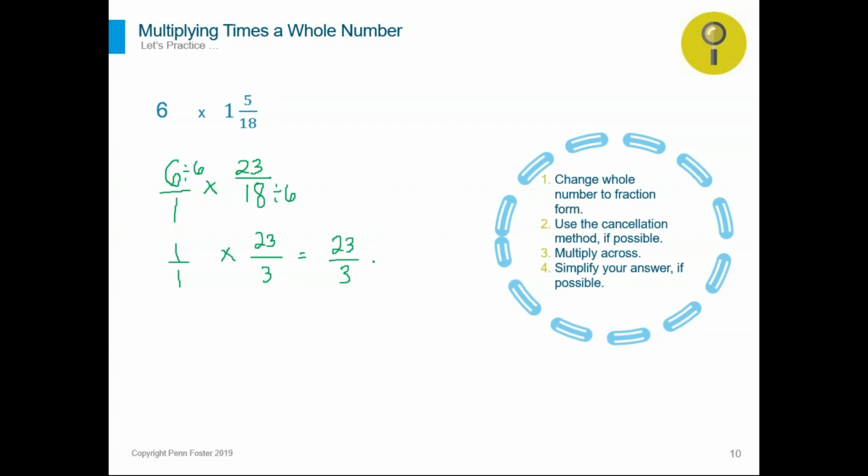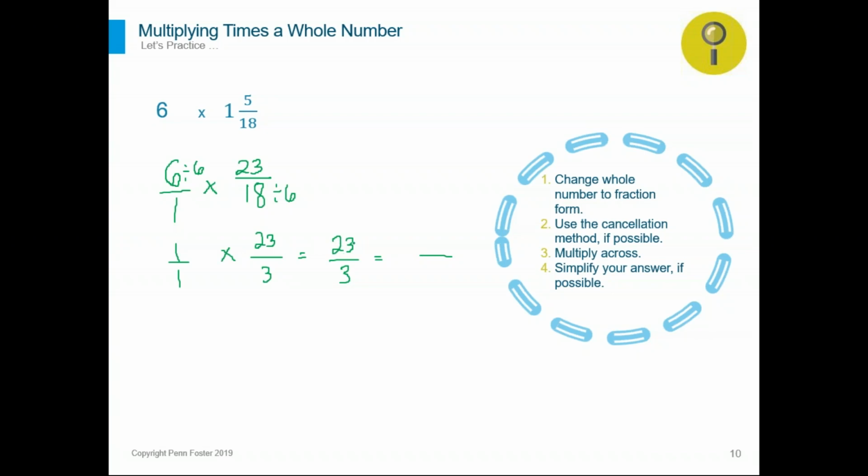Now, when you have an answer with an improper fraction, this is not in simplest form. The simplest form is to bring it back to be a mixed number. So I want to remind you how we did that. If you have an improper fraction, how can you change it to a mixed number? This is how we do it. We ask ourselves, how many times 3 goes into 23?